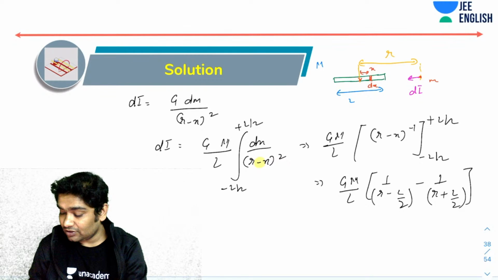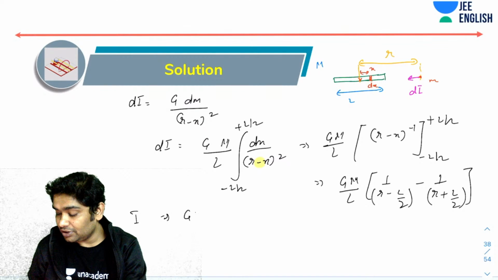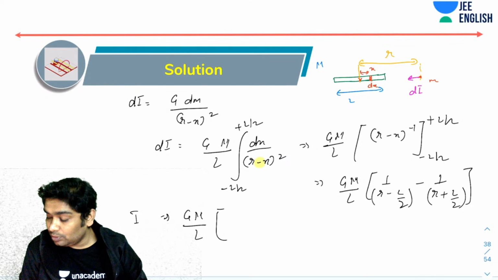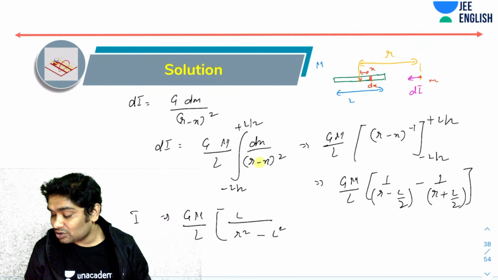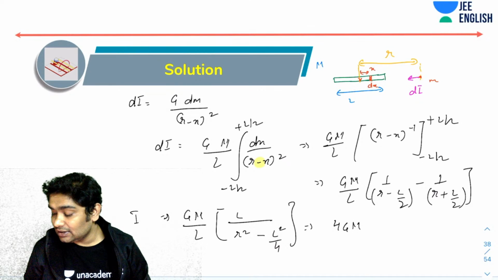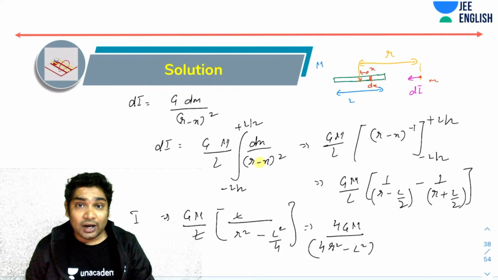Right? So if I solve this, I should be getting GM over L. Then when you take the denominators, you would have had r plus L by 2 minus r minus L by 2. So you would have had L here over r square minus L square over 4. So that is 4GM over L, and L and L get cancelled, and I have 4r square minus L square. So this into small m would have been the answer.